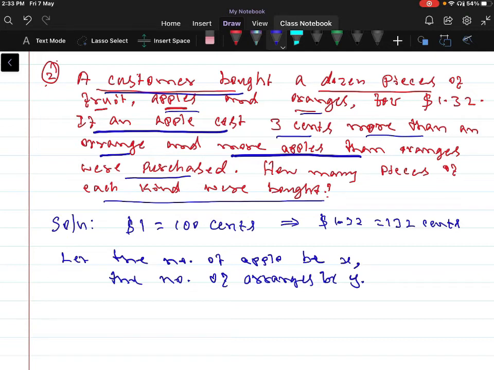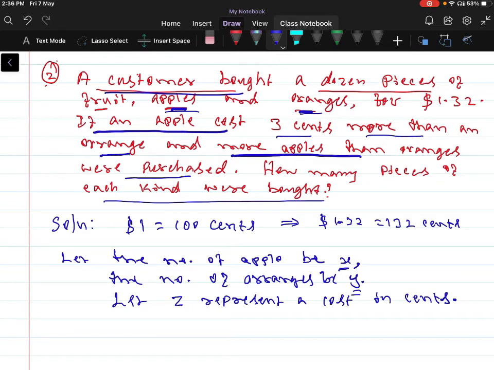Let z represent the cost in cents. So here x is the number of apples and y is the number of oranges. You know that a customer bought a dozen pieces of fruits. Here fruits are apples and oranges. So total fruits are 12 here.